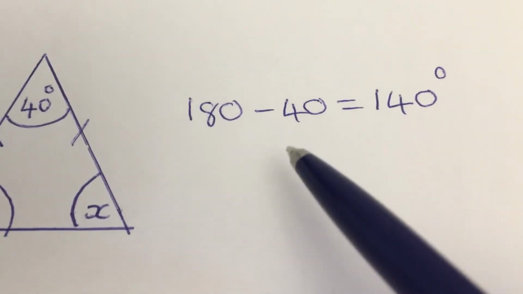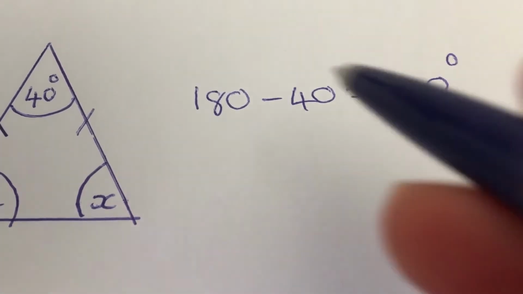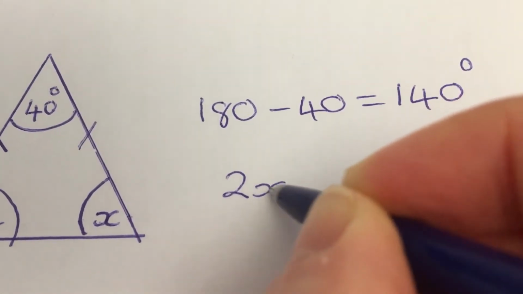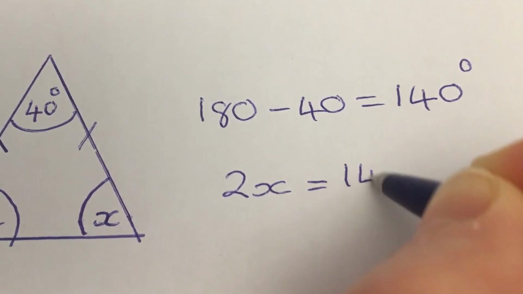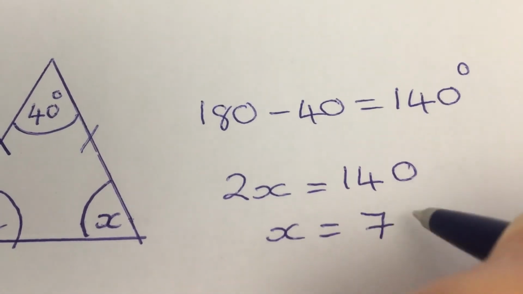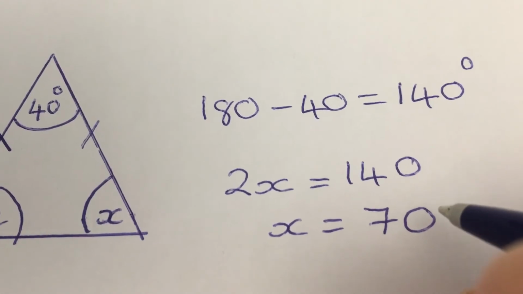So we get 180 minus 40 is 140, and we know that that is what these two angles add up to. So we know that 2x equals 140. So each one, we share that by 2, is 70.